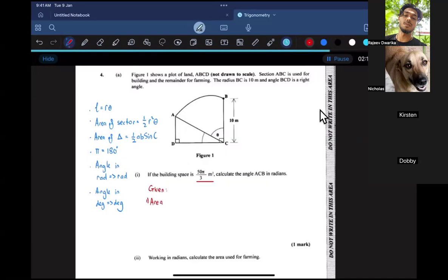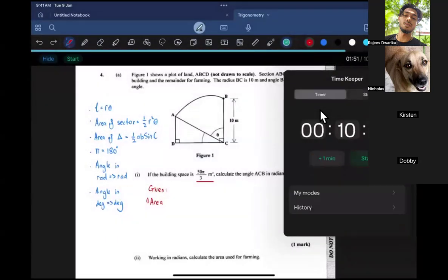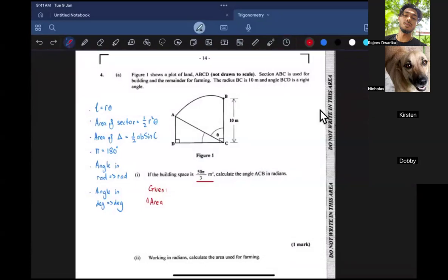We're looking at A, B, C. What is the building space according to the question? This is section ABC. Right, so we're dealing with section A, B, C.